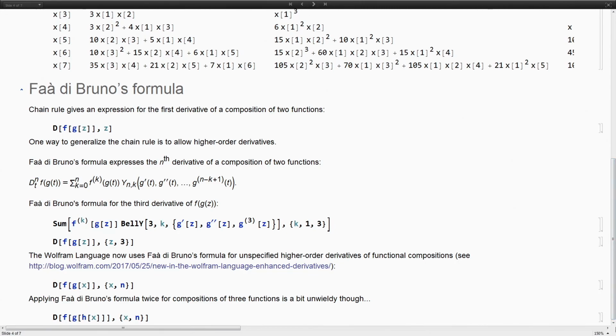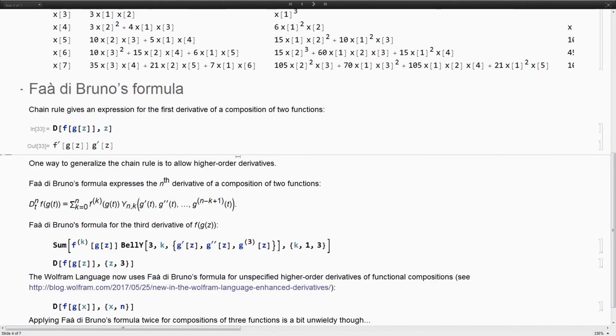Okay, so we all remember the chain rule from calculus for differentiating a composition of functions. In Mathematica, we can do that symbolically. To generalize the chain rule, we have two directions. We can either allow higher order derivatives, which is what we'll do now, or later we'll see what happens if we allow composition of more than just two functions.